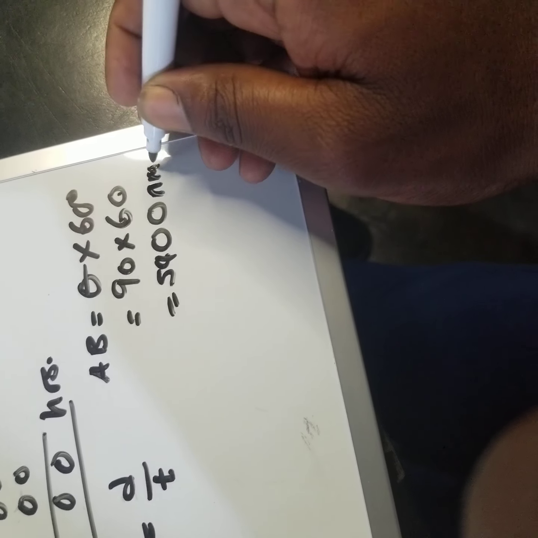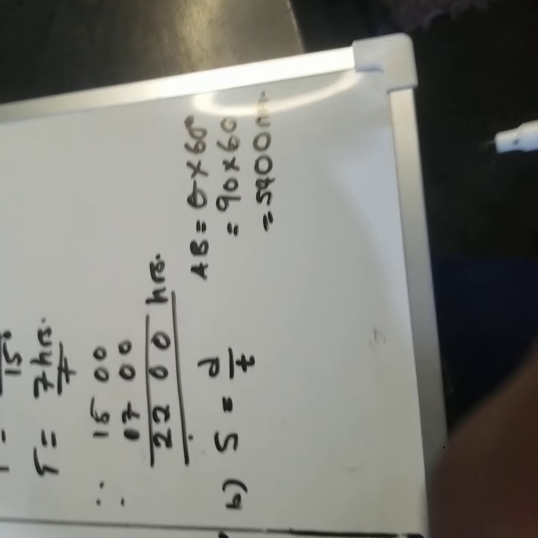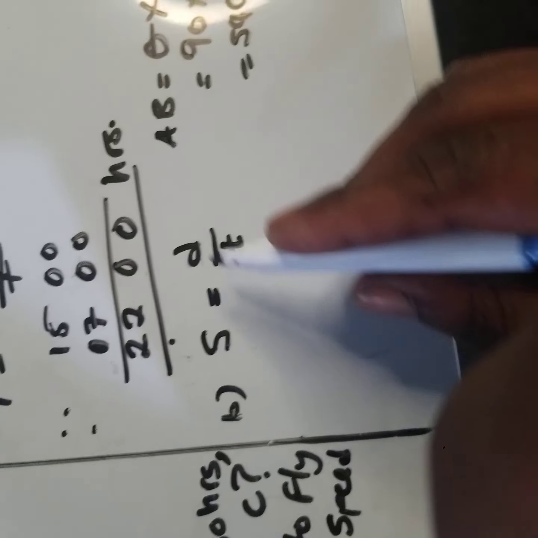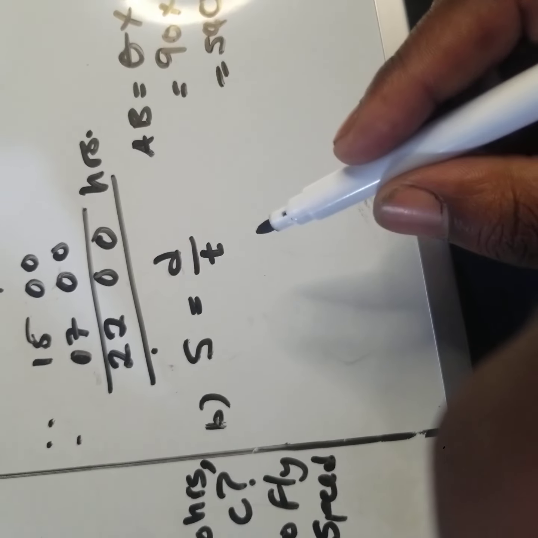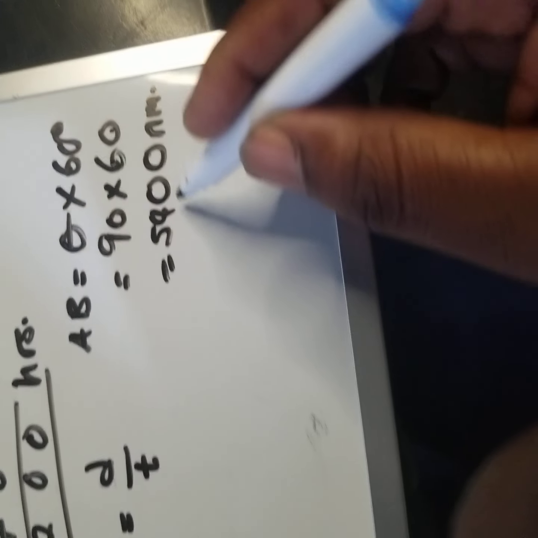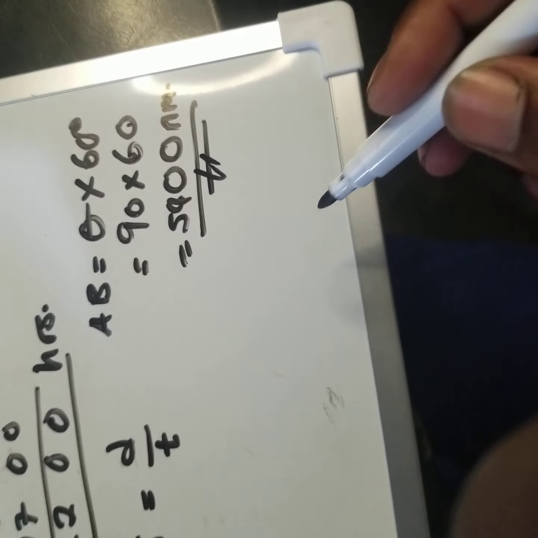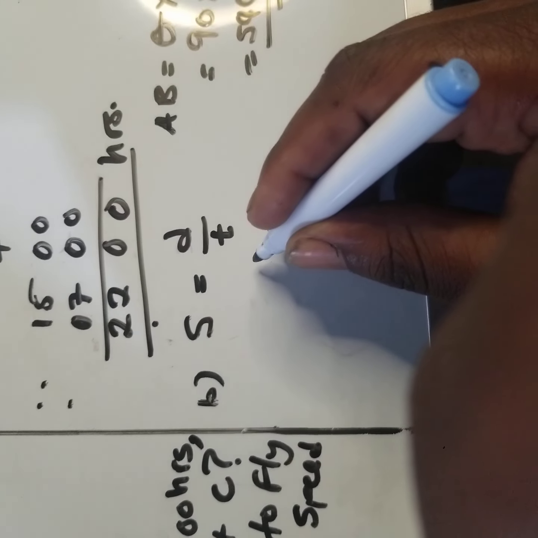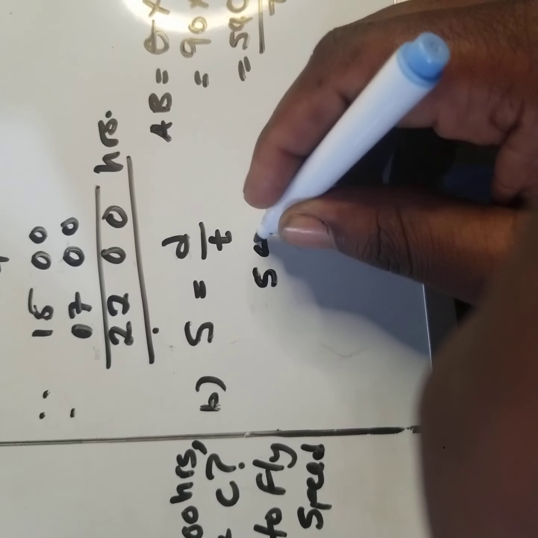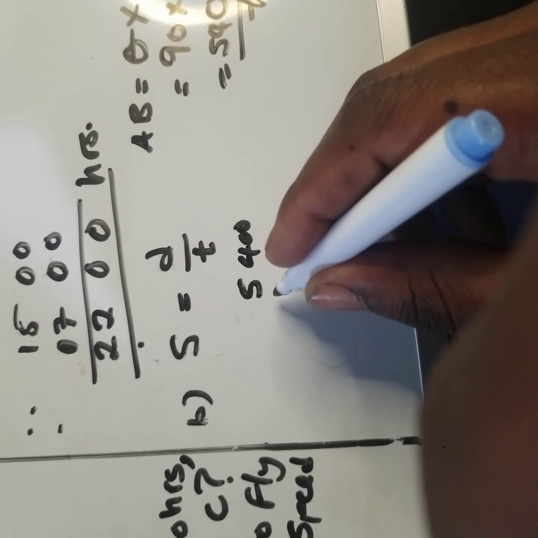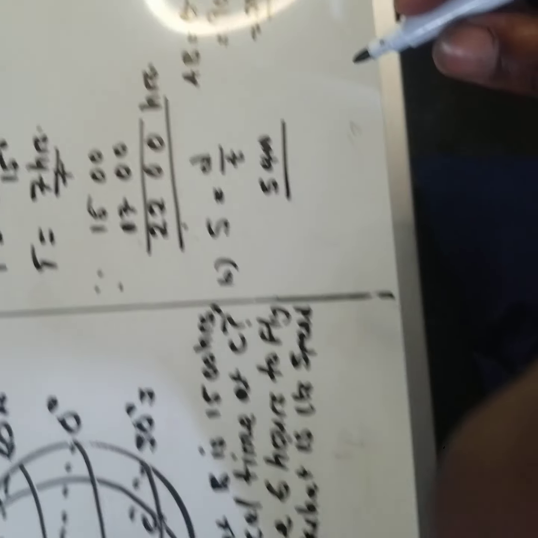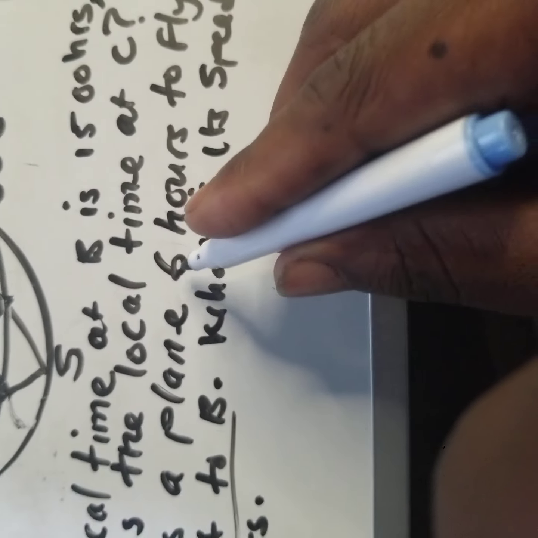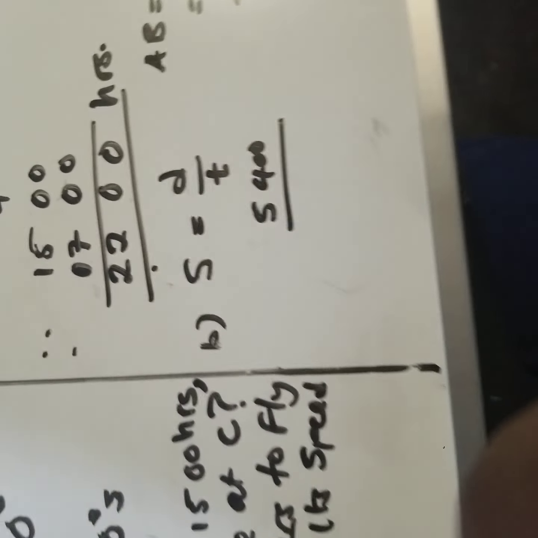Now you go back to the formula. Speed is equal to distance over time. Our distance for AB is 5,400, replaced where there is D, over the time given, which is 6 hours.